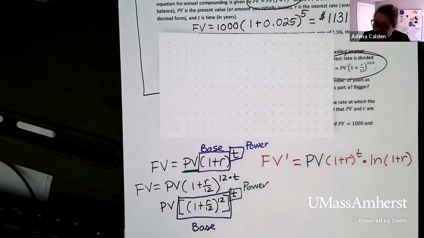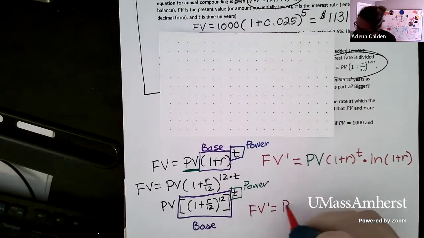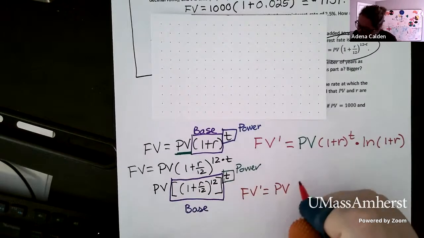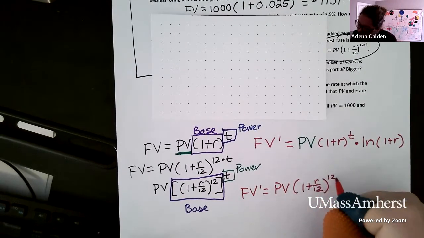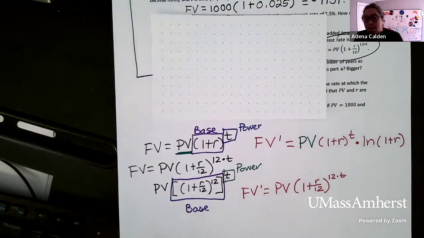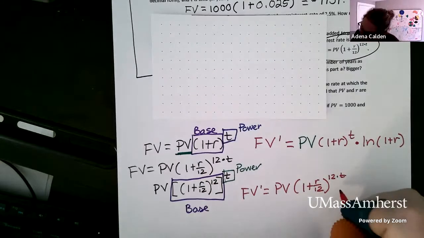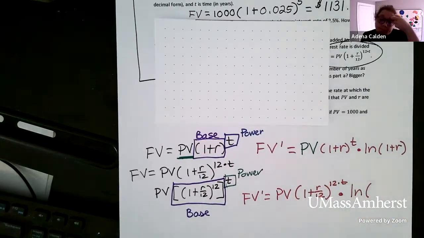So now when I find my derivative, I have PV, that's the constant multiple. I get the same thing back I started with. So 1 plus r over 12 to the 12 times t. You can write it unseparated in this part or separated, doesn't matter. But what really gets impacted here is the natural log of the base.